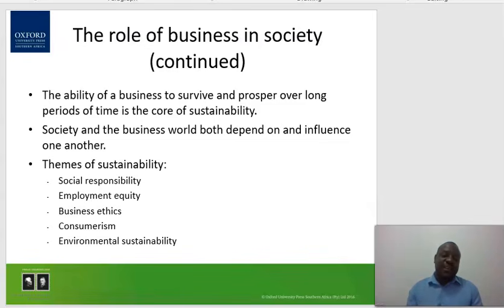Society may think that they are very important and that businesses may not survive without them, because it is people who buy whatever the business produces. It is also important for society to realize that without what is offered by businesses, they may also not be able to meet their own personal needs.